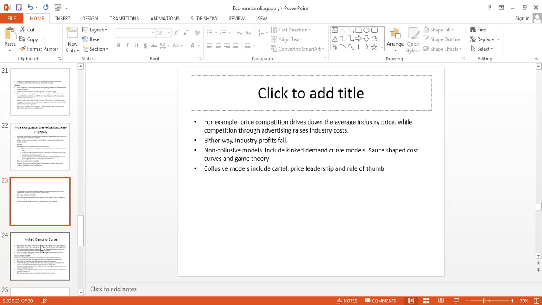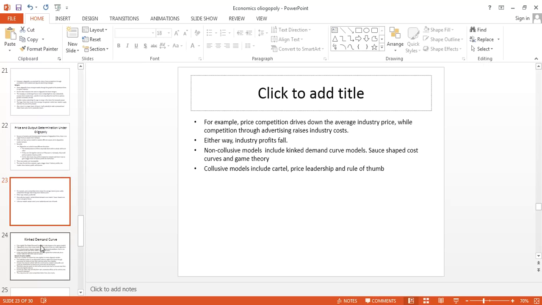The competition is going to drive the prices down. You see what happens in a perfectly competitive market: there is competition, so the competition drives the prices down. But another feature of the oligopoly is that they have to compete in non-price ways, and they have to compete through advertising. Now advertising is a very major cost.